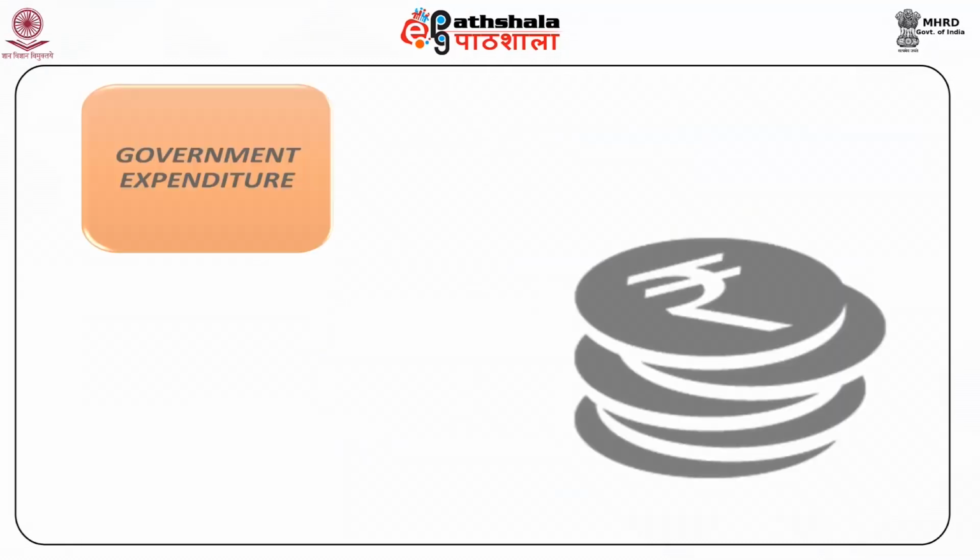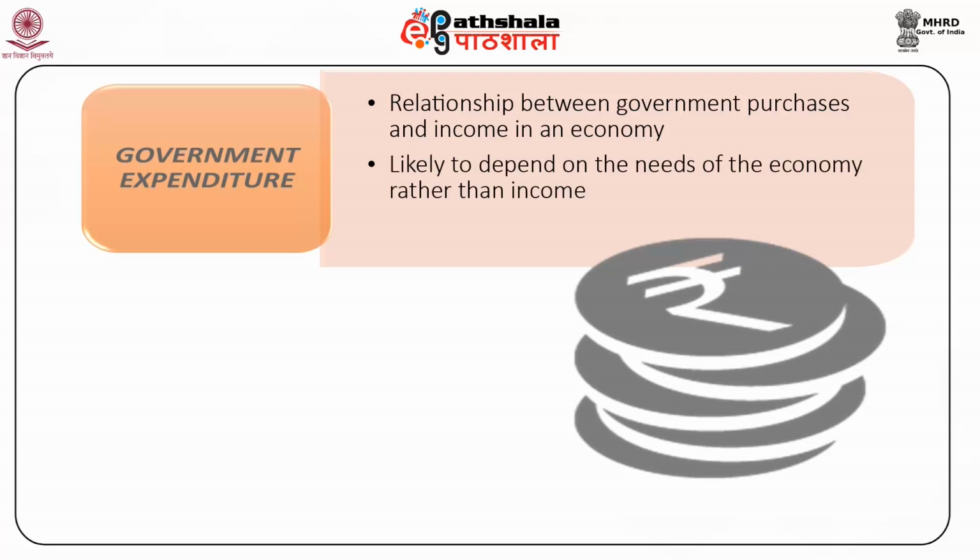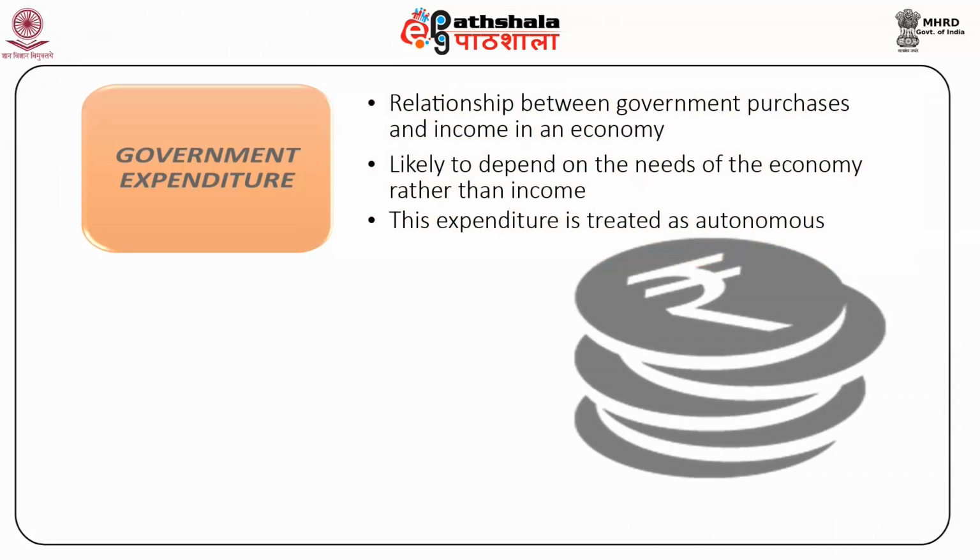The government expenditure function specifies the relationship between government purchases and income in an economy, keeping other things constant. The incurring of such expenditure is more likely to depend on the needs of the economy rather than income. Hence, this expenditure is treated as autonomous. Thus, the government expenditure function G bar is similar to one exhibited in figure.